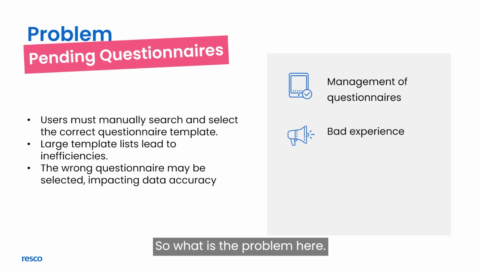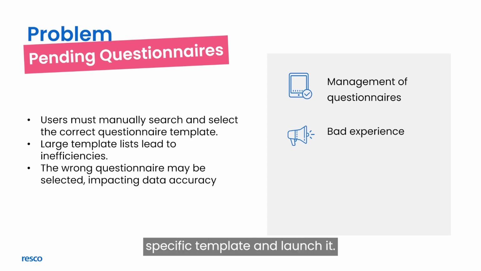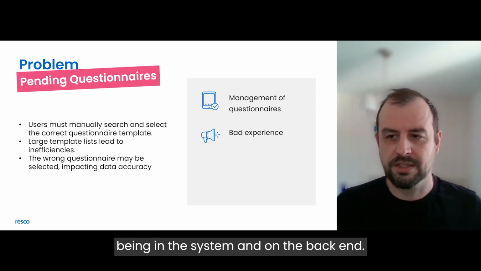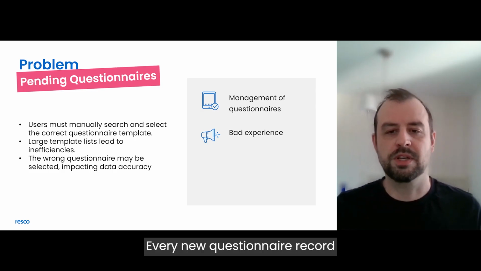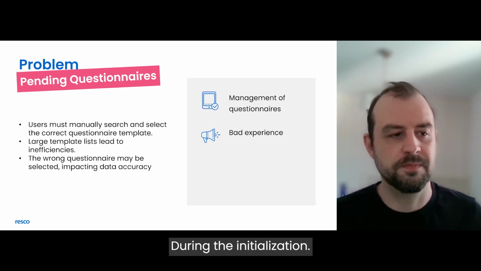So what is the problem here? Currently, every time a user wants to fill out a questionnaire, the user needs to look for a specific template and launch it. At the moment, the questionnaire record is created only then, so there is nothing like blank or empty questionnaires in the system, and on the backend, every new questionnaire record is created during opening, during initialization.